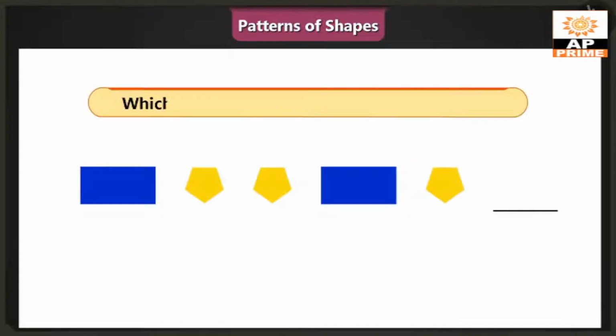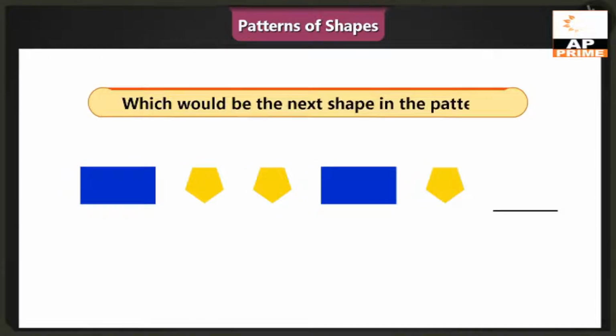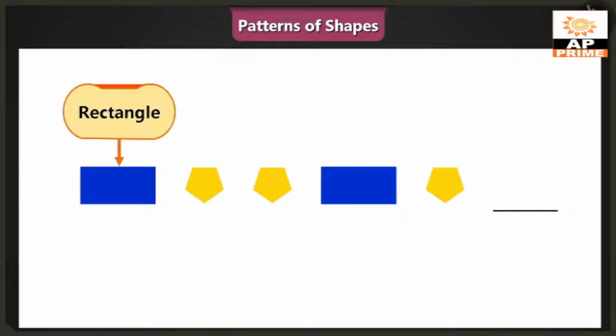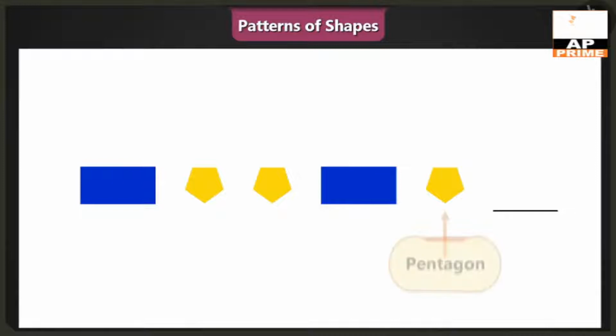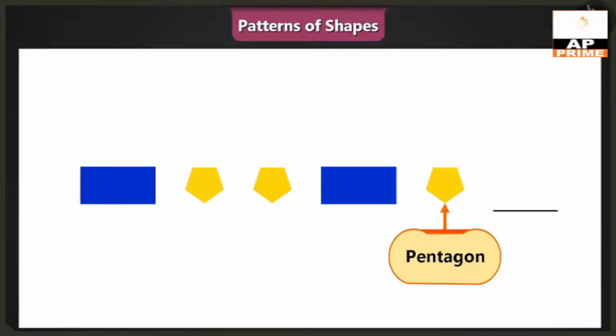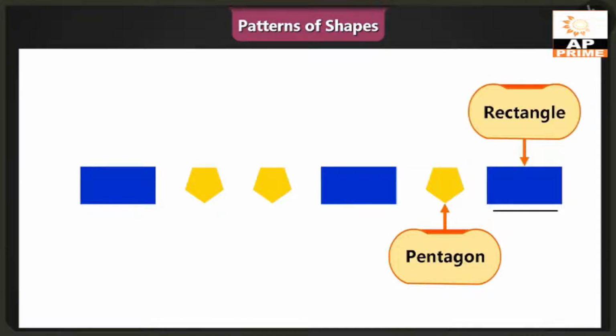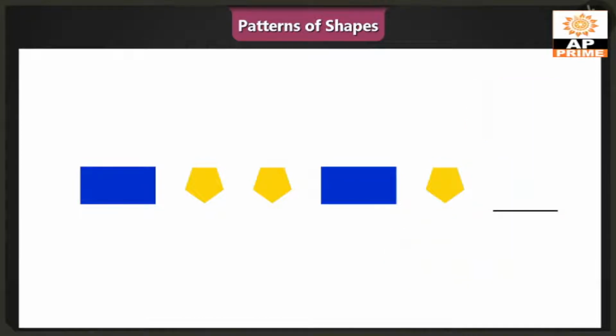In the given pattern, which shape will come next? In this pattern, a rectangle and a pentagon have been repeated. Therefore, the next shape in this pattern will be a pentagon followed by a rectangle. Oh, wait, look carefully.